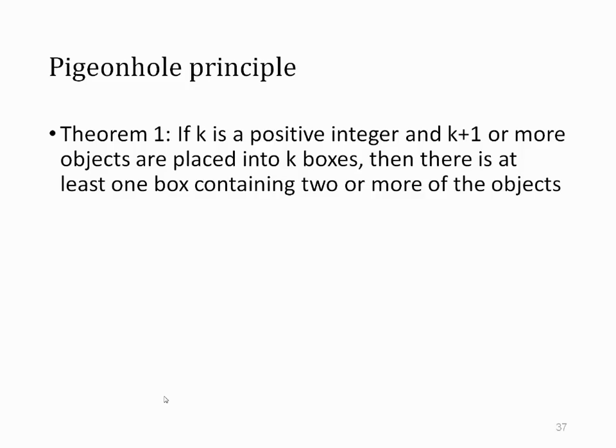And k plus 1 or more objects, that is k plus 1 or more students, are placed into k days. Then there is at least one box containing two or more objects.